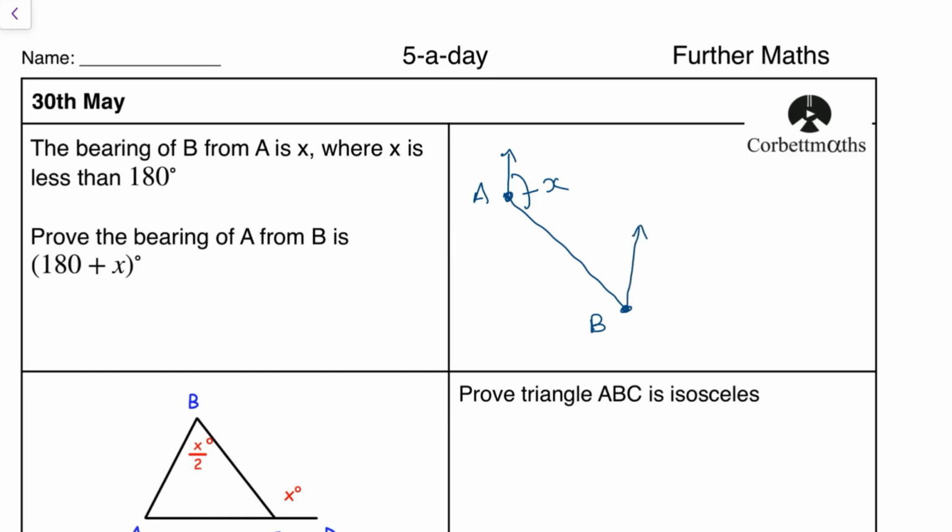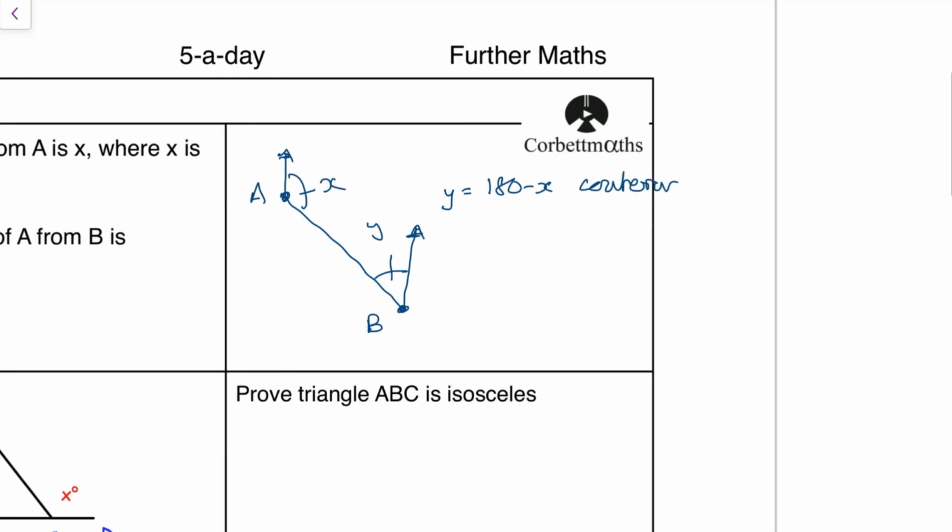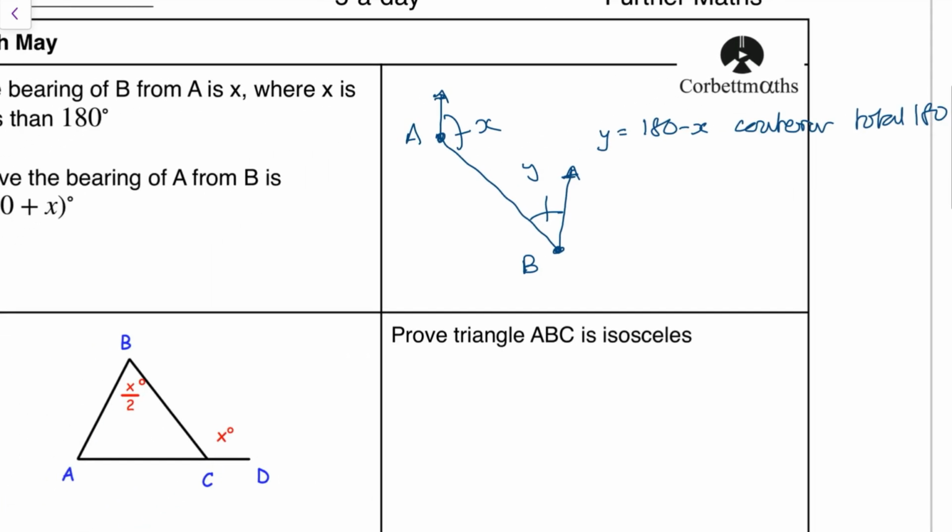Okay, so the word prove means I need to have angle rules and be clear. So the first thing I'm going to say is this, let's call this y. So y is equal to 180 minus x, co-interior, total 180. So don't just write co-interior, but actually what the rule is. And then I'm going to say that this here is equal to, let's call this z.